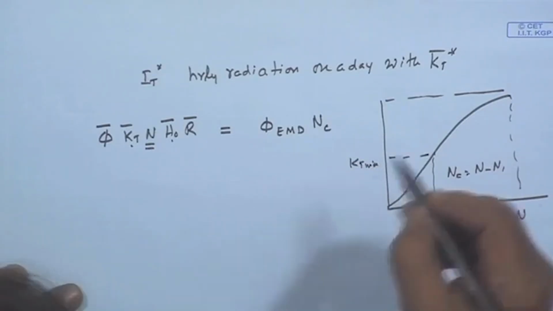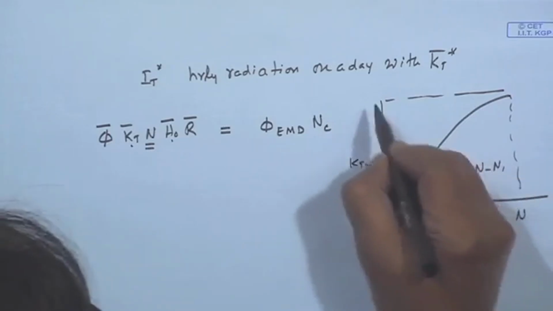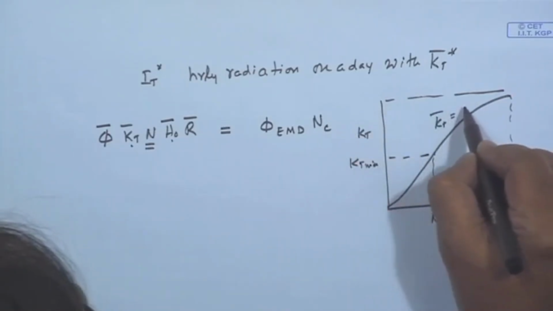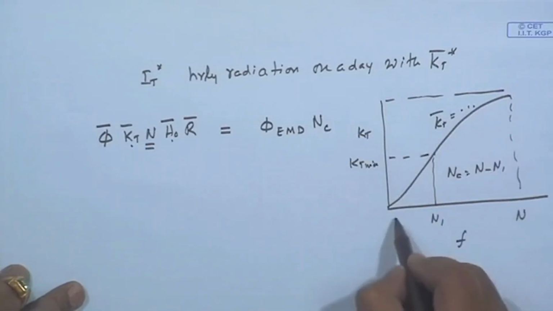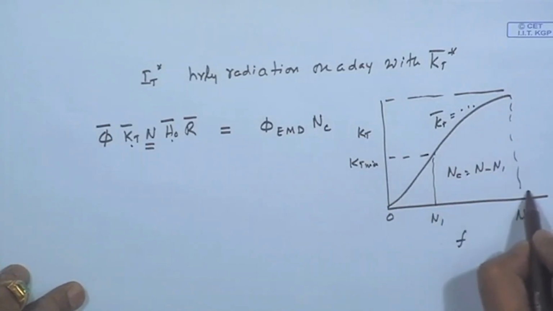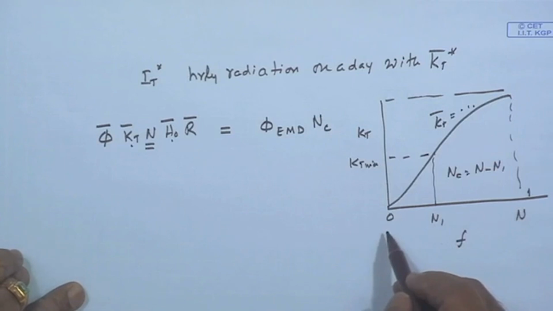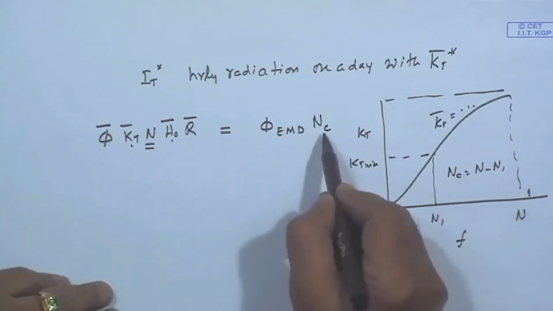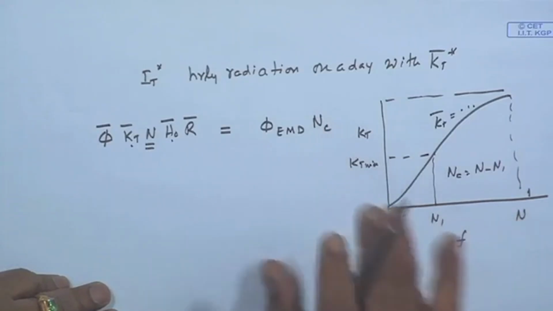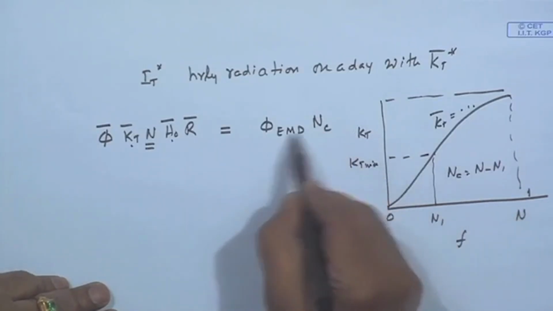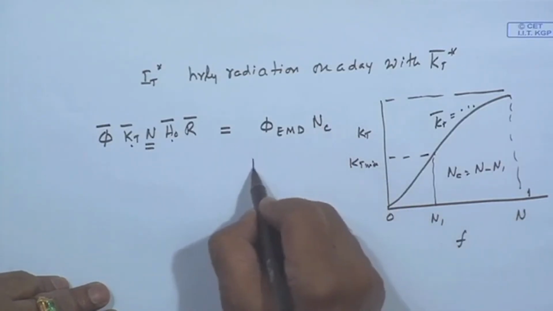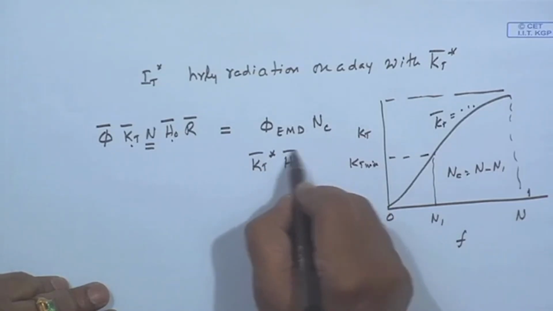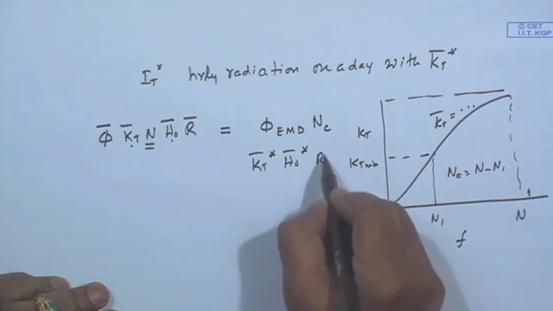So, this is cumulative frequency F, this is capital KT for a KT bar equal to something, right. So, this 0 to 1 can be transformed into N is equal to 1 to 30 or 31. So, I know for simplicity I am writing it in terms of the number of days rather than the cumulative fraction. So, phi EMD into NC into KT bar star times H0 bar star into R bar star.